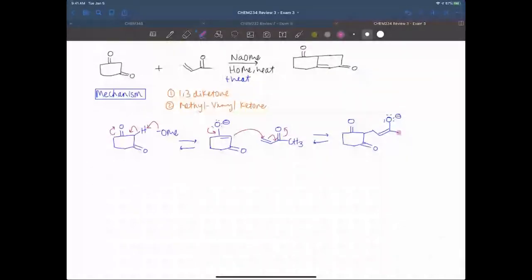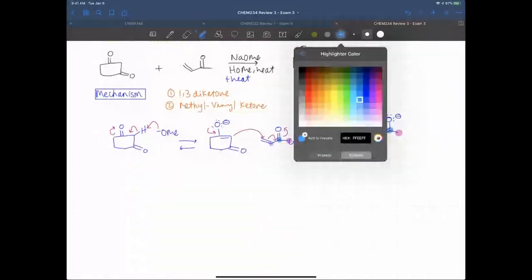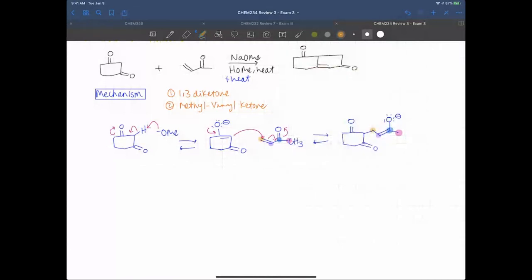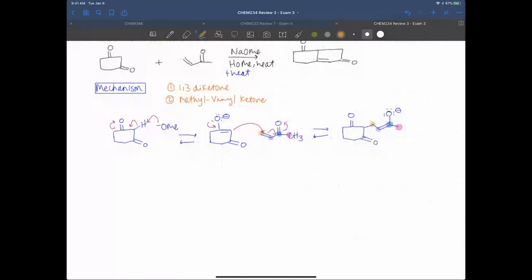This carbon here is right here. This carbon is the one here. And then this carbon here is the one right here. This carbon right here is the one here. Okay, so this is what you're forming.